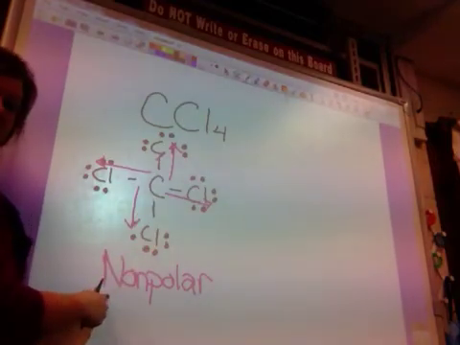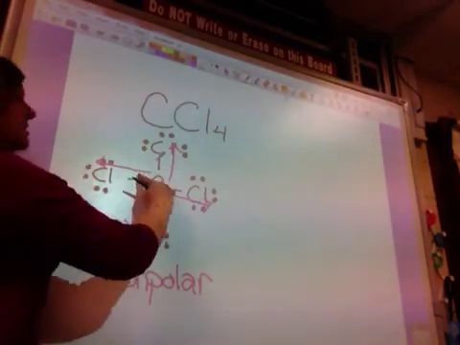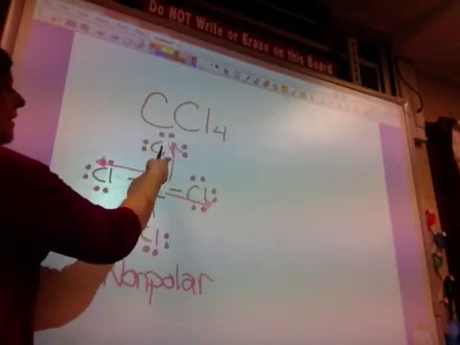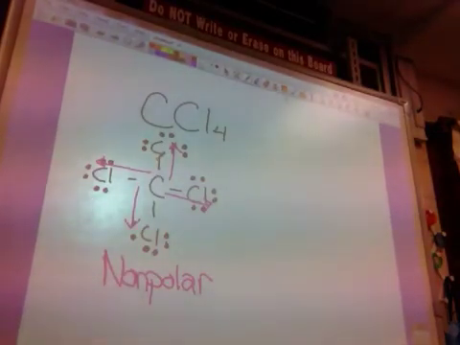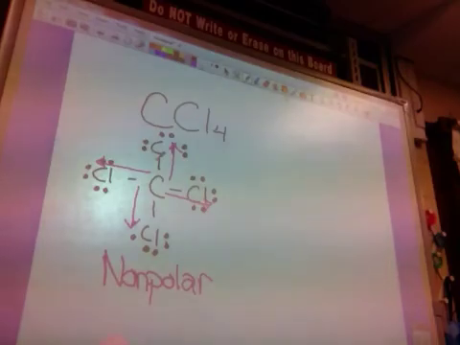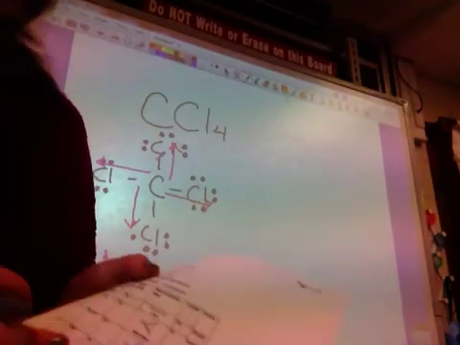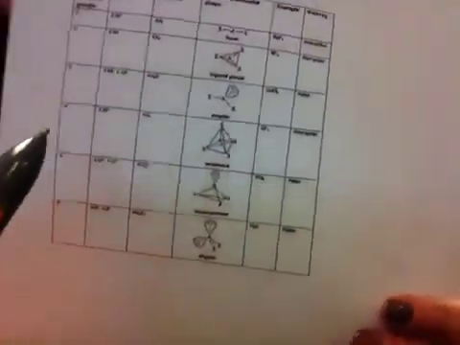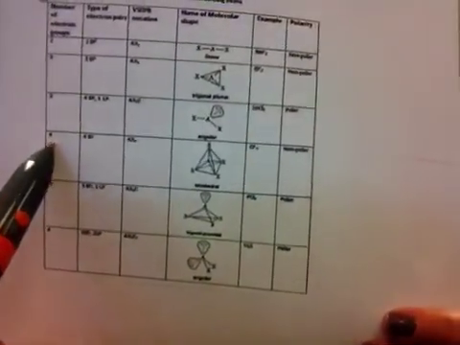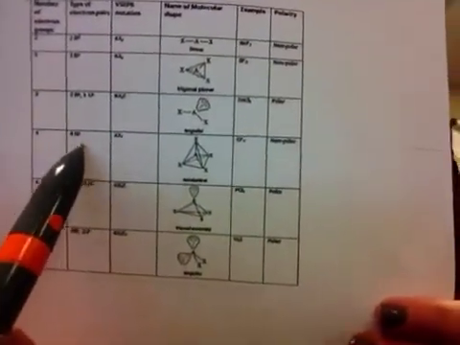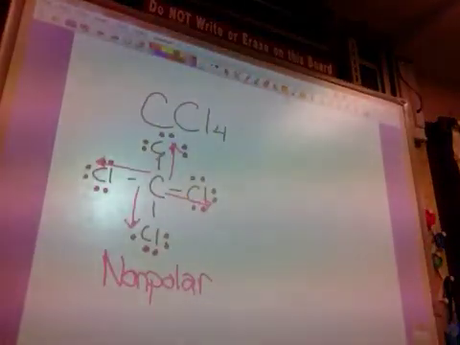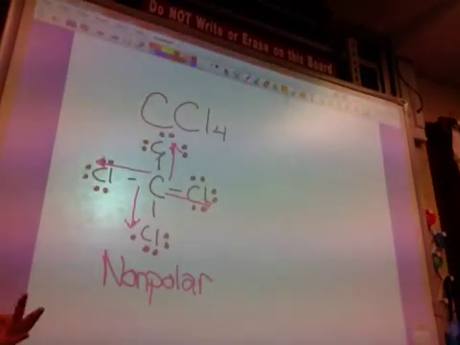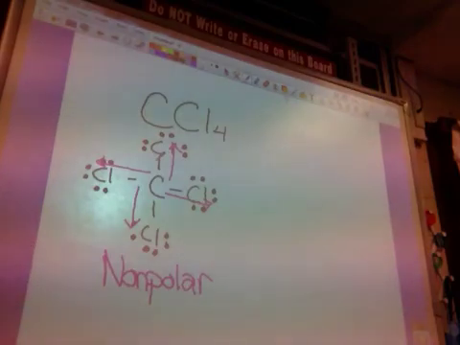You just determined that it was nonpolar because these 2 are going to cancel one another out, and these 2 can cancel each other out. It's like, again, we're canceling out those partial positive and partial negative charges. So if you look on that paper, it tells you 4 electron domains, 4 of those are bonding pairs, it's nonpolar. So any tetrahedral molecular geometry will always be nonpolar. Now the rest of them on that page you see are polar.